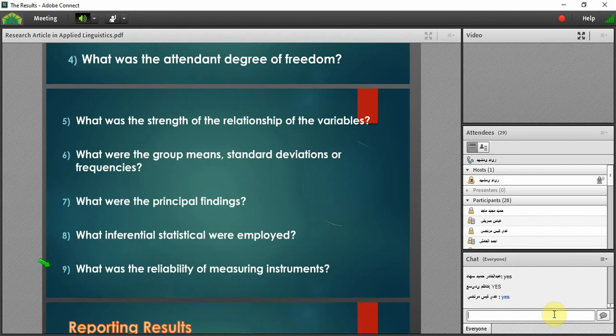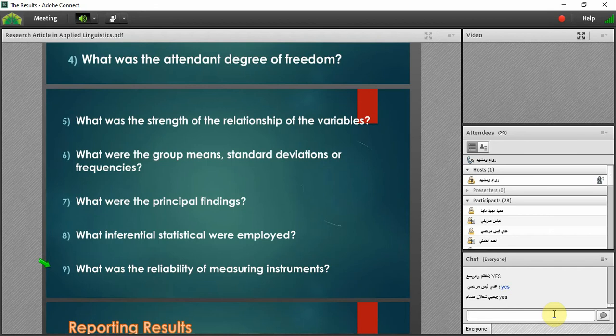How did you calculate the reliability of your measuring instrument? Suppose you have used a test, you have used a questionnaire in your study. In the results section, you should be telling the readers about how you calculated the reliability of this measure, you see?